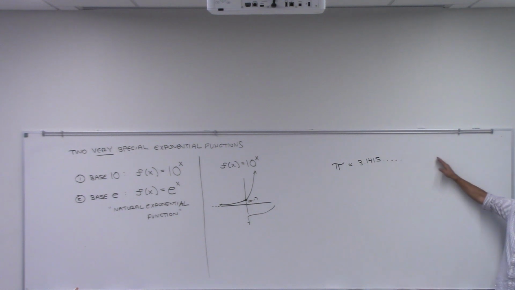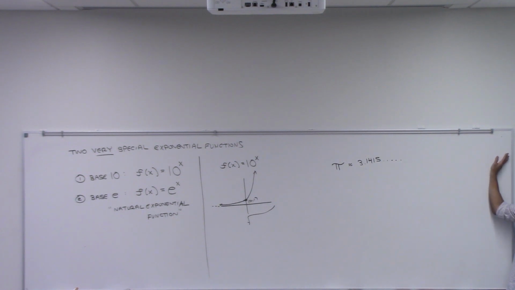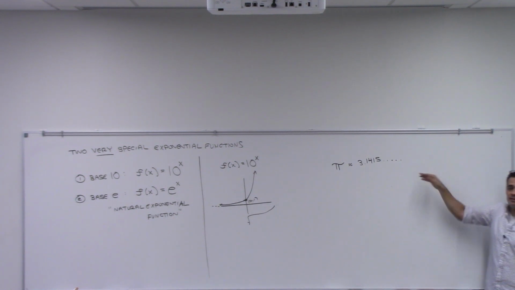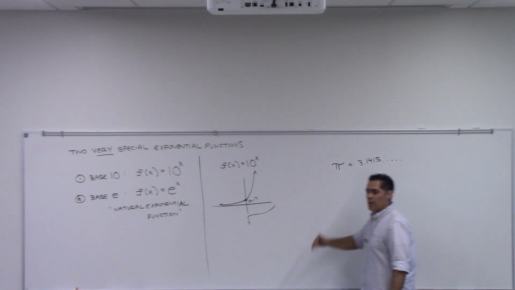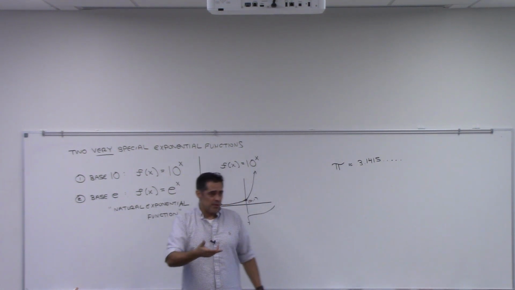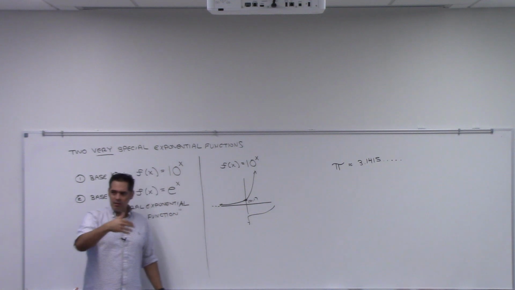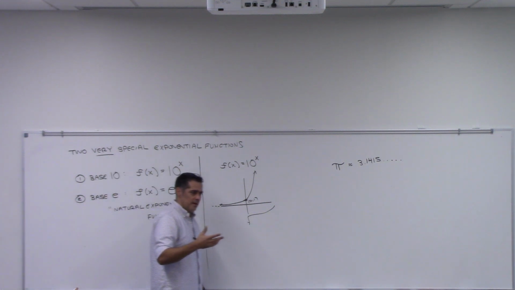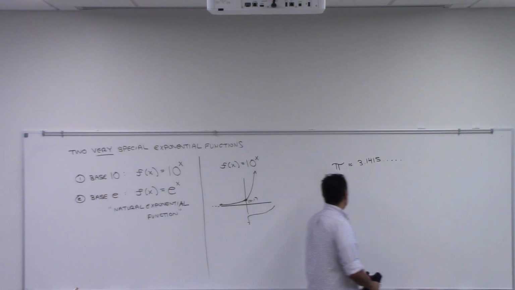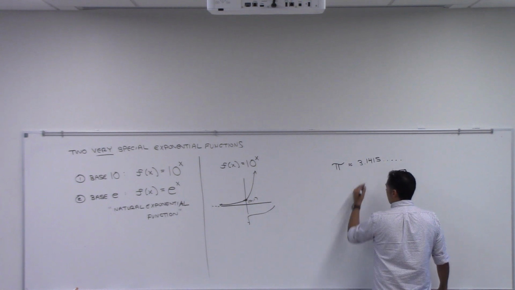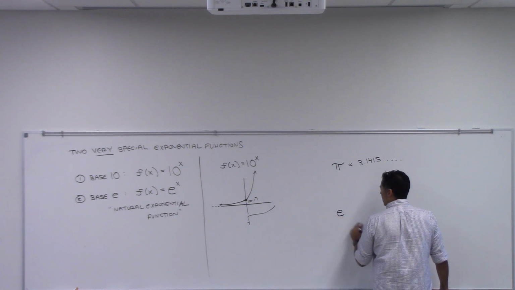There's no pattern, so it doesn't start repeating itself ever, and it goes forever. This is what we call a non-repeating, non-terminating decimal. Those numbers are called irrational numbers. I know I've talked about this earlier in the class. That's an irrational number. Well, there's another number that's irrational, and it's E.